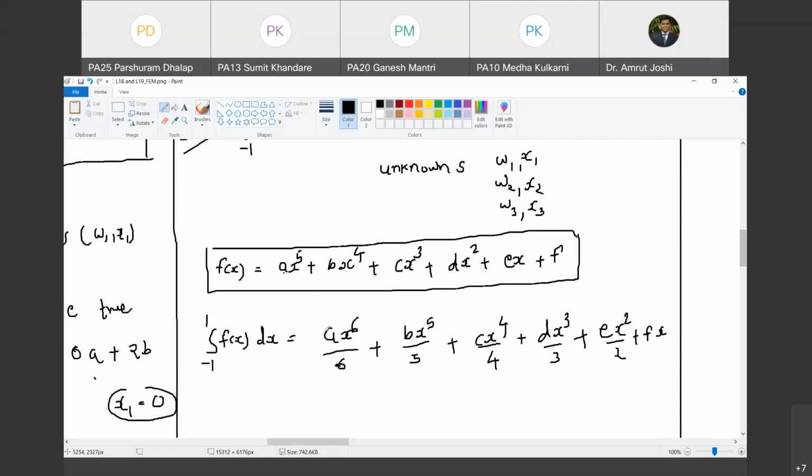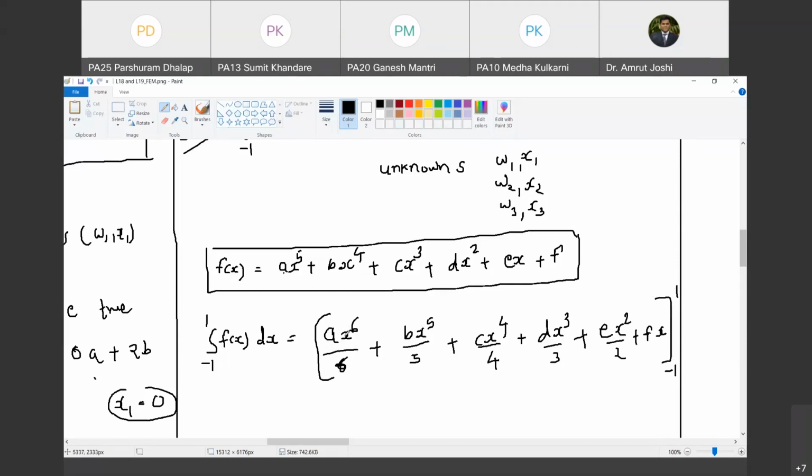Yes, sir. This is the exact integration and this has to be within limits -1 to 1. The moment I substitute the limits -1 to 1, all the even power terms are going to vanish. Do you agree with me?